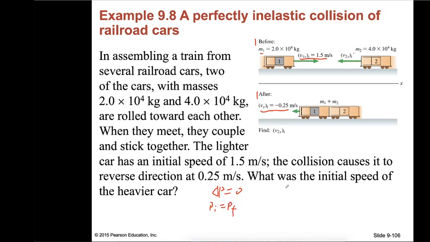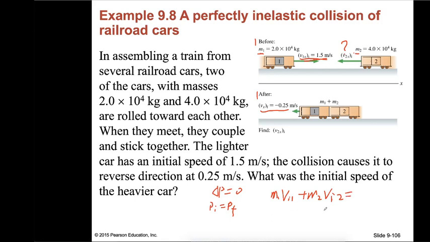P initial is M1 V initial 1 plus M2 V initial 2. M1 is 2.0, which is shown here. M2 is shown here. V initial 1 is 1.5 meters per second. V initial 2 is unknown.